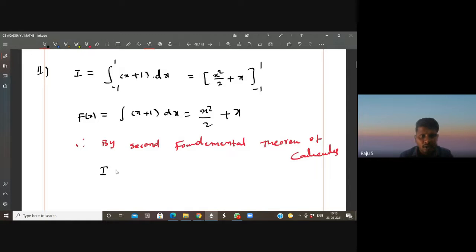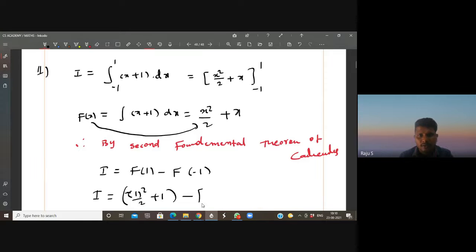So I is equal to upper limit F of 1 minus F of minus 1. What is F of x? F of x is x square by 2 plus x. Now substitute 1 in place of x: 1 square by 2 plus 1, minus bracket, minus 1 square by 2 minus 1.